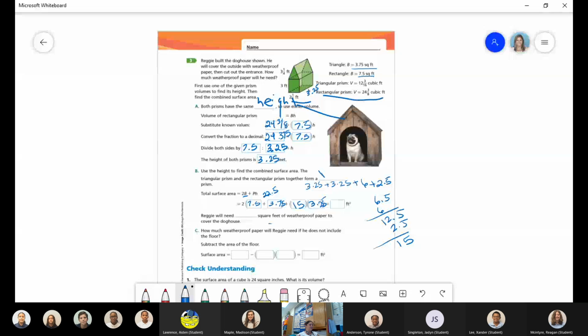And this up here, guys, is a pentagonal prism. All right, so 22.5 plus 15 times 3.25 is 48.75.